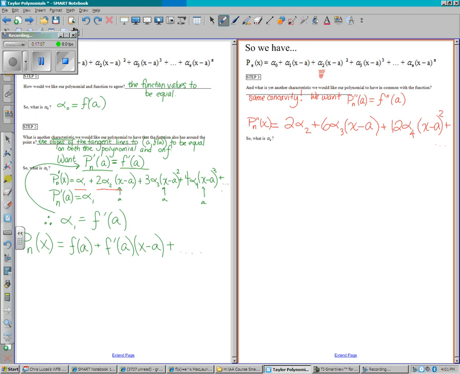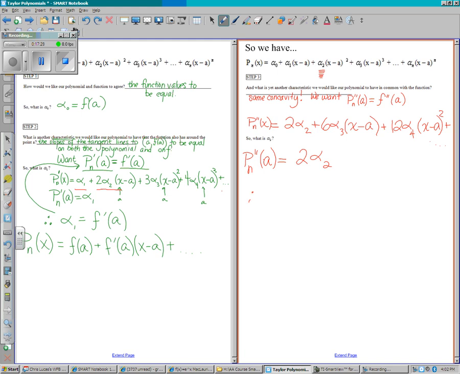I don't need to go any farther, because what I'm really interested in is the second derivative of the nth degree Taylor polynomial at a. And that is equal to 2 alpha sub 2, because all of those other terms zero out.